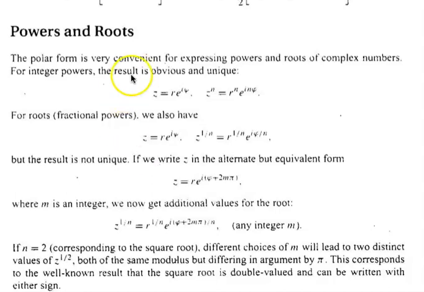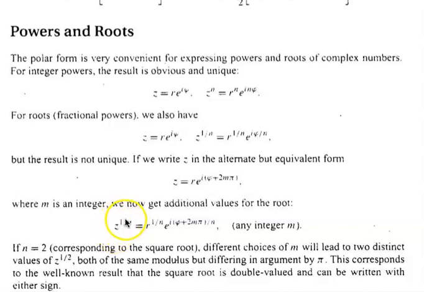So now you can find powers and roots, like you can find the square root of 10. You can also now find the square root of a complex number, or the cube root, or the fifth root, or even the nth root. You can find the nth root of a complex number.